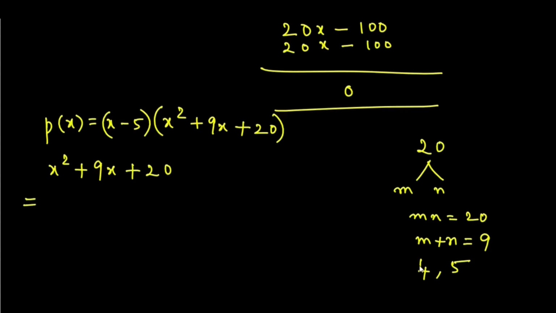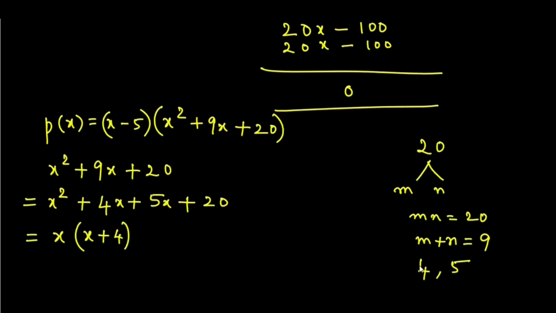So we can write this as x square plus 4x plus 5x plus 20. We can write it as x into x plus 4. Here we can take 5 as a common factor out. Then 5 into x plus 4.